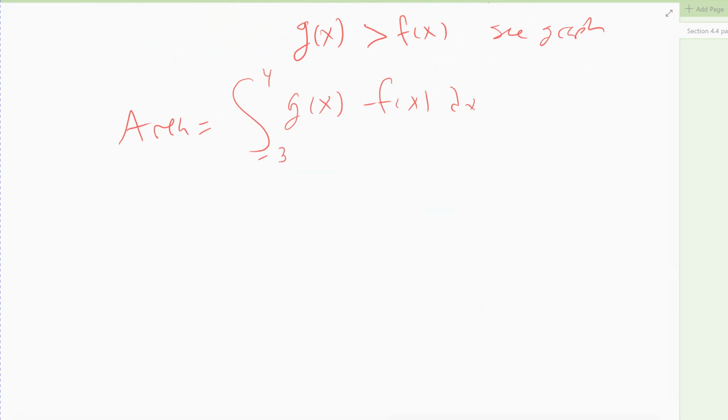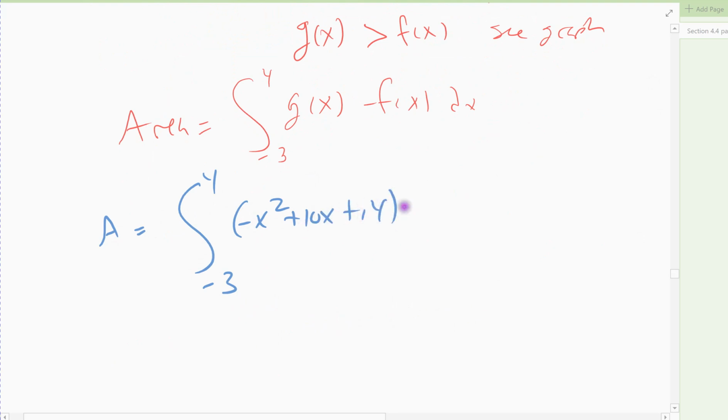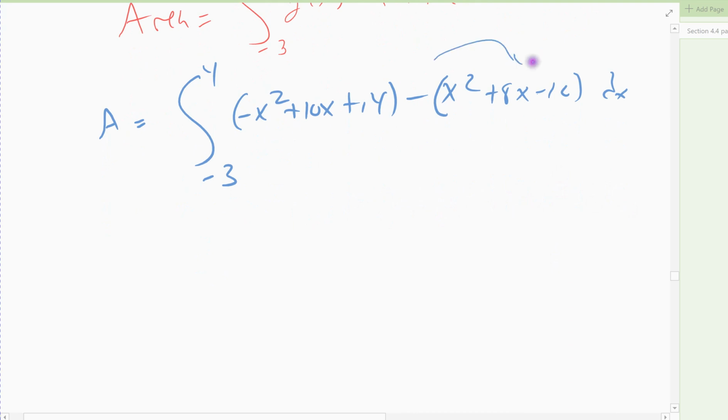All right, and I want to see this area function. -3 to 4 of g of x, which was negative x squared plus 10x plus 14, minus f of x, which was x squared plus 8x minus 10. All right, show that and then show the final answer. Again, remember, we can simplify that.